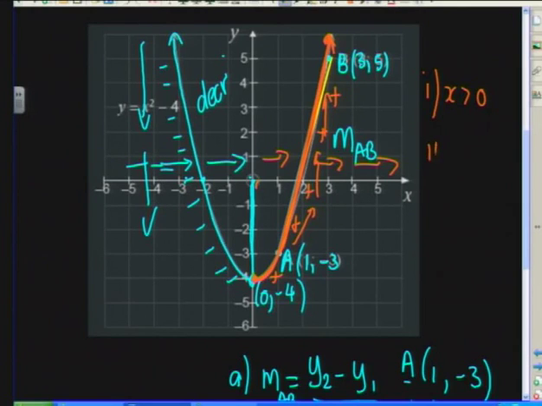And then the second part, where is the graph decreasing? It's all values up until that point where x is 0. So it's when x is less than 0. So when x is less than 0, the graph is decreasing. We have a decreasing function. And when x is greater than 0, you have an increasing function.